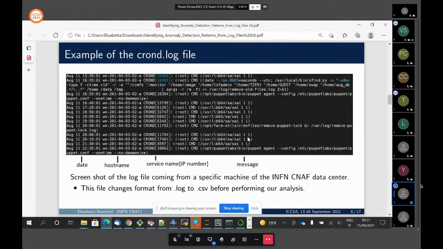So it is easy to recognize the type of machine where the service is run. And this type of information, the category of the machine, can be useful in order to identify similar problems or problems on a specific machine. This type of file is then transformed into CSV form before performing the analysis.